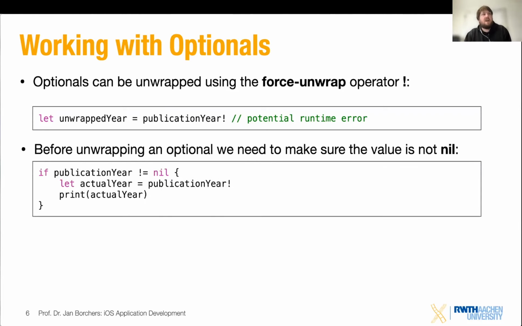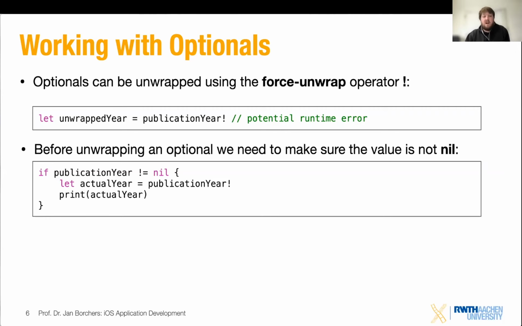So before you force unwrap your optional, you check that the variable isn't set to nil. In this example, you would first ask if the publication year is not equal to nil. And if that is the case, then you can be sure that there is an integer in that optional, and you can use the exclamation point, the force unwrapping, to take it out.